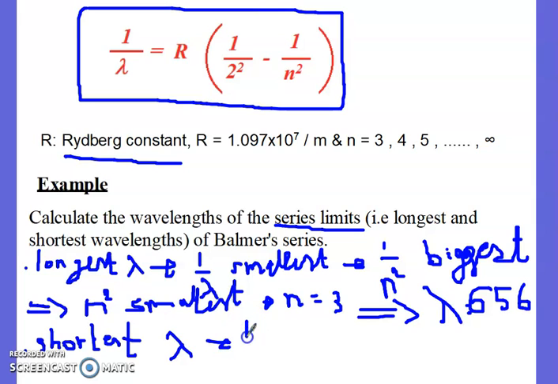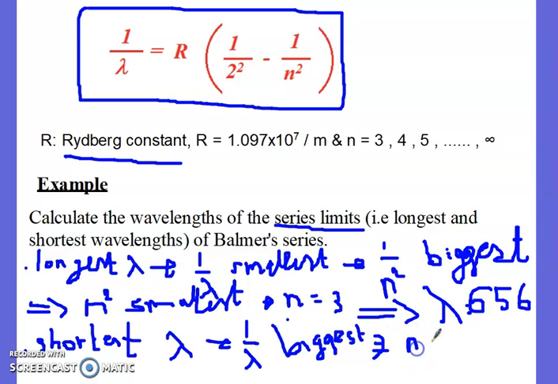Means 1 over lambda biggest, okay? Or largest if you like. One over lambda biggest here means this number is biggest, right? Means minus 1 over n squared smallest, means n squared biggest, okay?